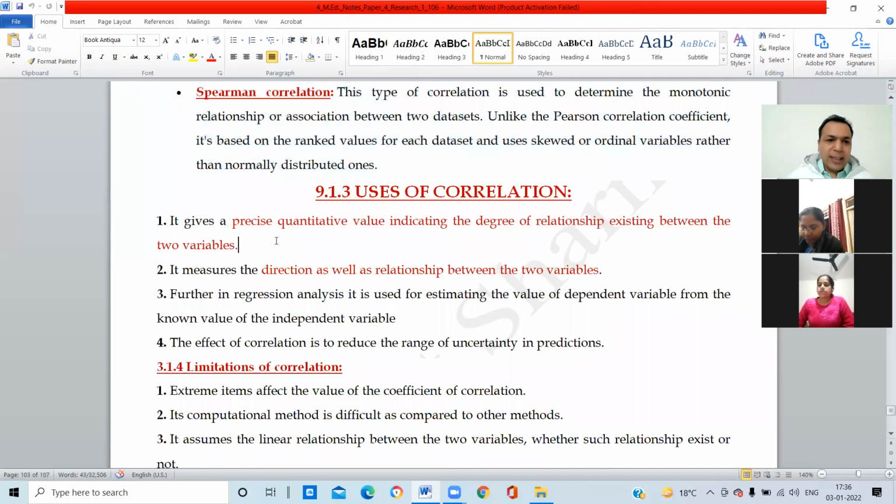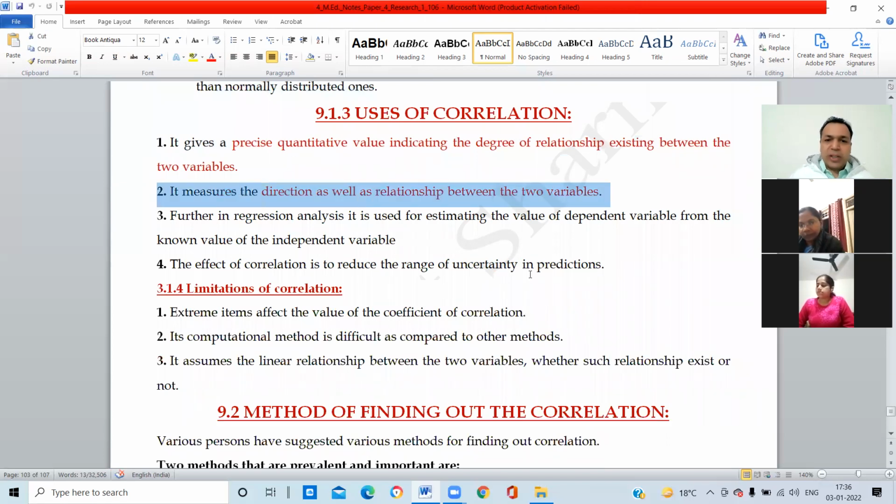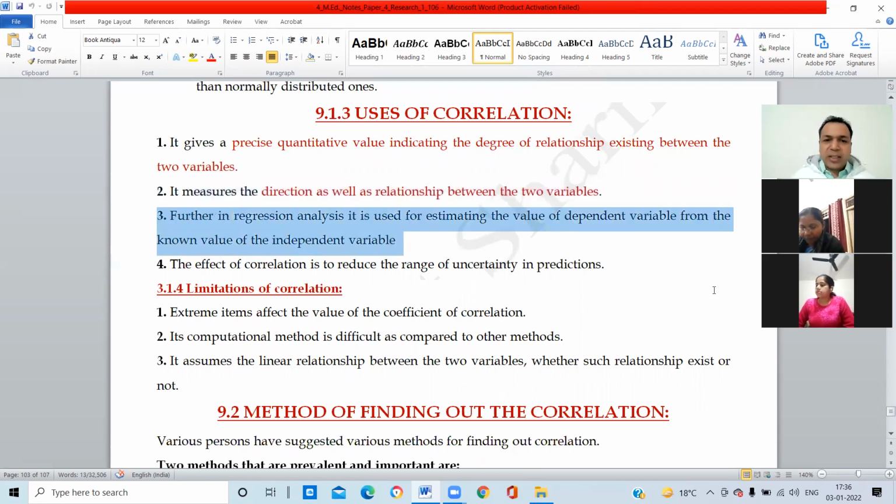Right, guys? Number second, use of correlation. It measures the direction as well as the relationship between the two variables. Further, in regression analysis, it is used for estimating the value of a dependent variable from the known value of an independent variable. Regression analysis is for the effect.